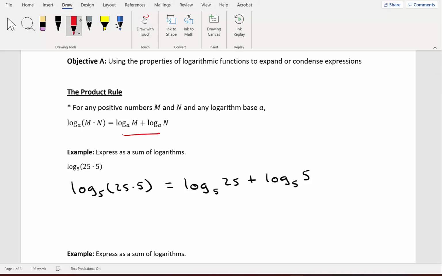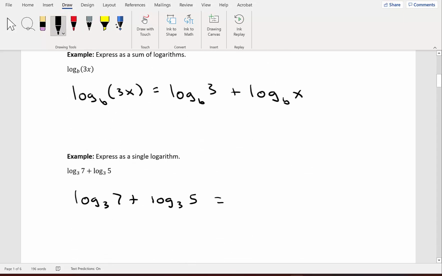So if I'm adding two logs with each other, I can combine them into one log by multiplication. So for our example, we would have log base 3 of 7 times 5, which is equal to log base 3 of 35. So now I combined those two logs into just one log.